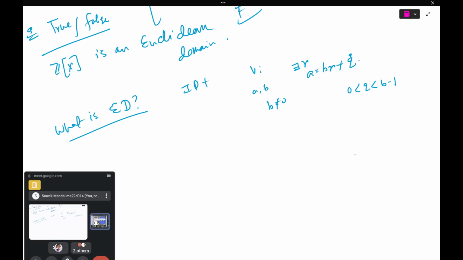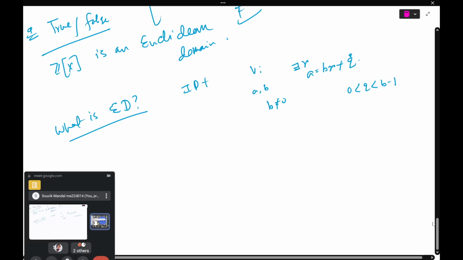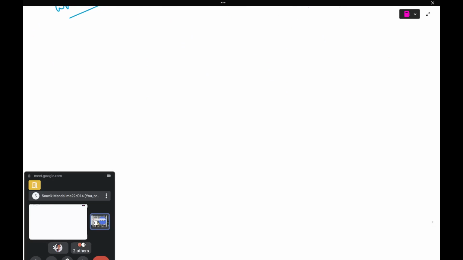In the definition of Euclidean domain, there are two conditions. You told me only one condition. There is another condition. Can you remember? So R is an integral domain, which I will denote by ID.